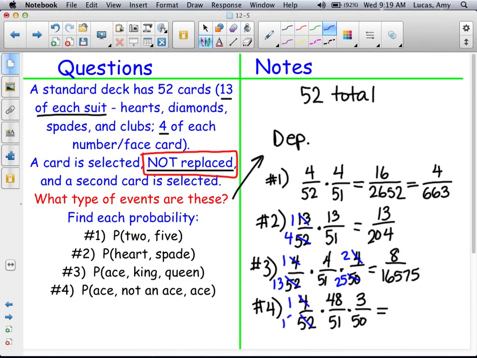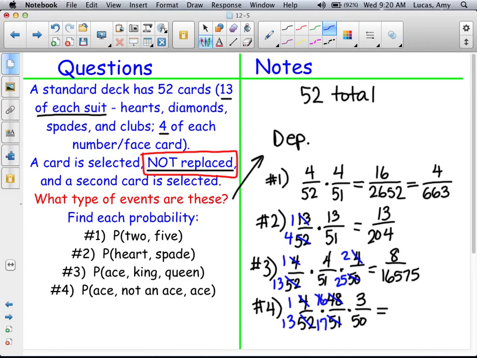Reduce 1/13. Reduce my next one. And let's see. I could do dividing by 3. Dividing by 3 would give me 16 and 17.